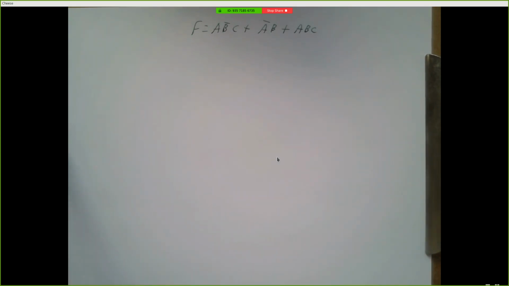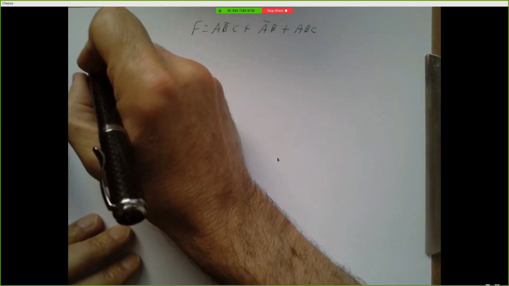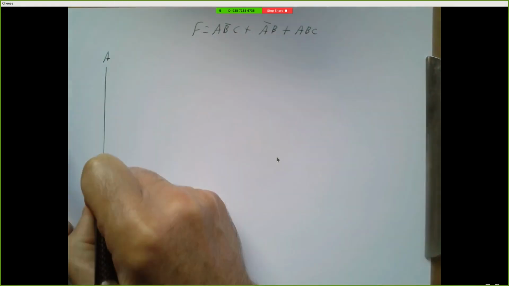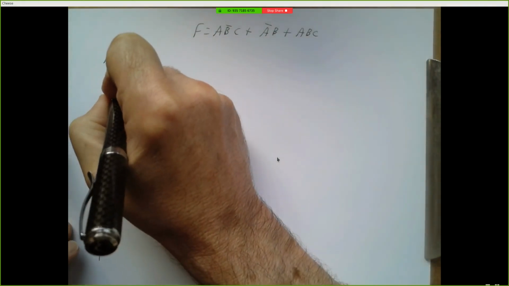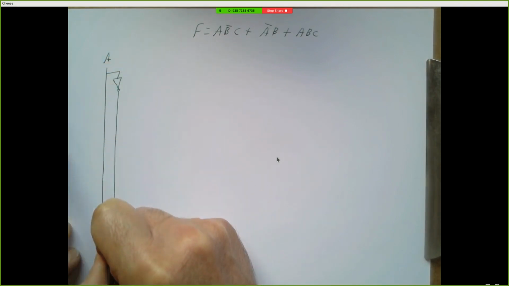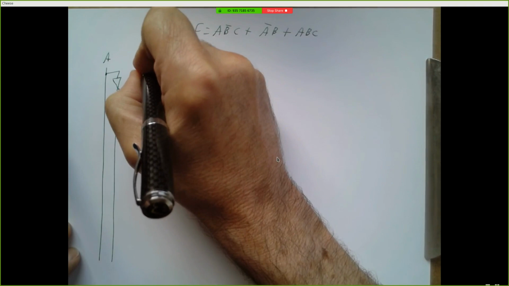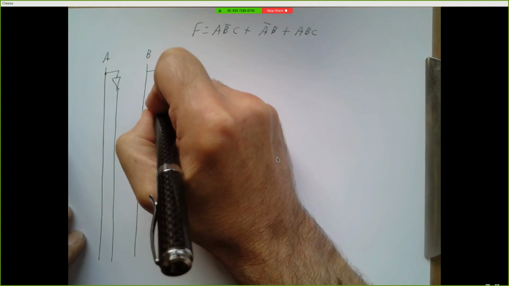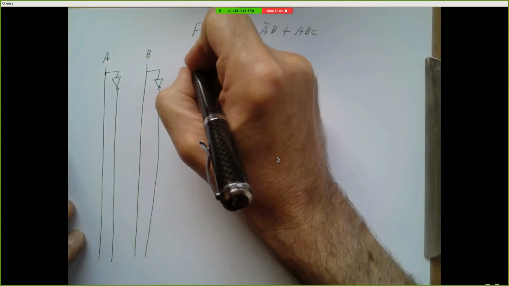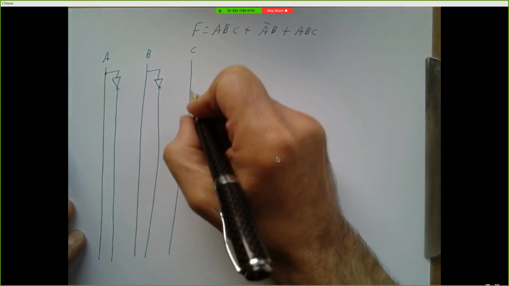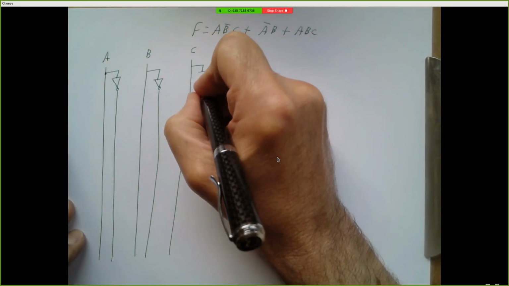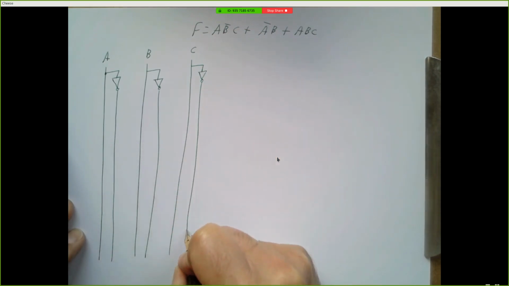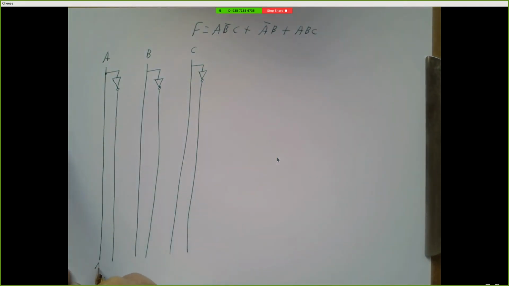Alright, if we wanted to write a circuit diagram to implement this, there's this procedure, right? Take your inputs, run them vertically along your page, and put an inverter next to each one to give you the complement of that. And we're writing this because we know about sums of products. We know that the product terms sometimes have our variables and sometimes have our variables with a bar on top. Well, once we do this, this line represents A, this represents A bar, B and B bar, C and C bar.